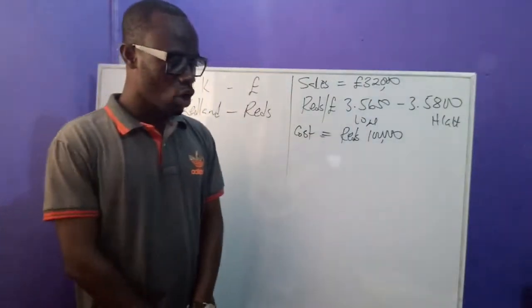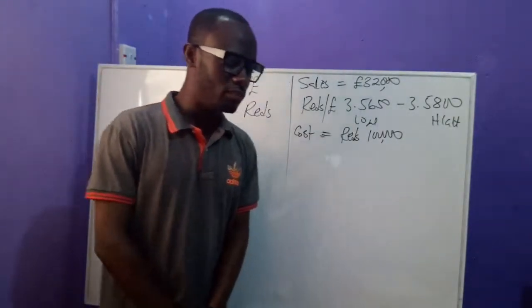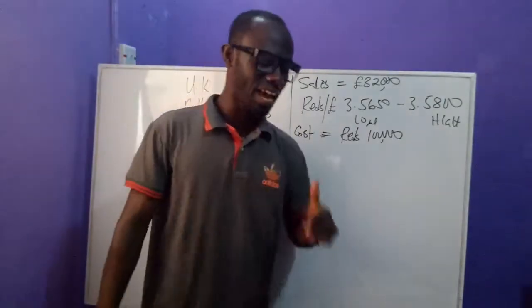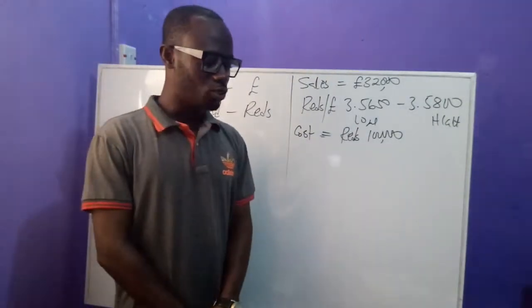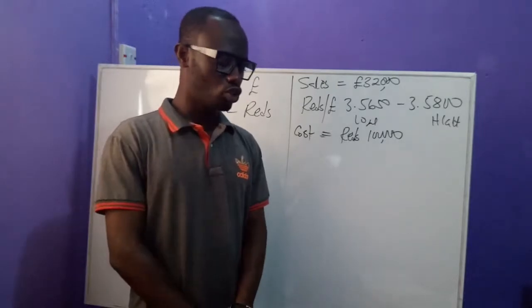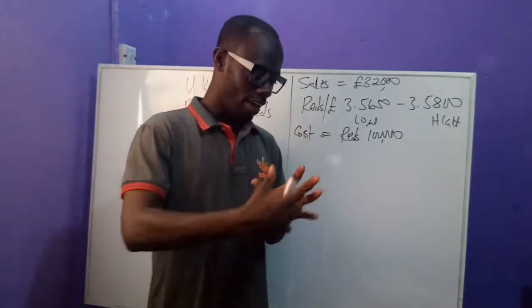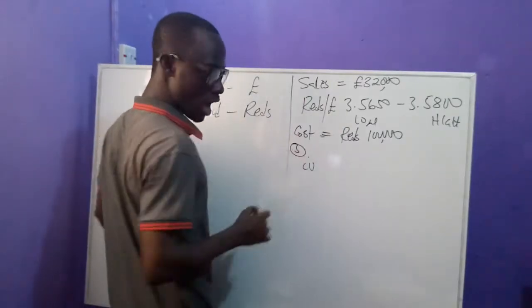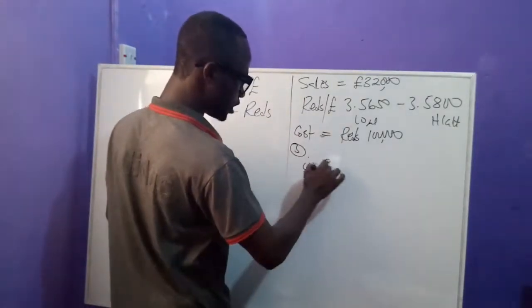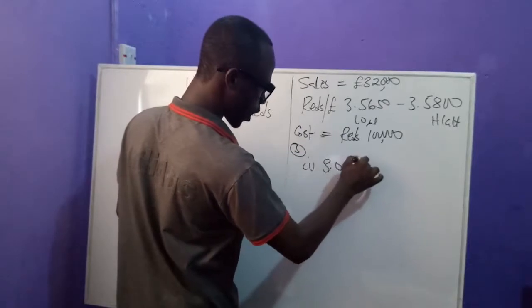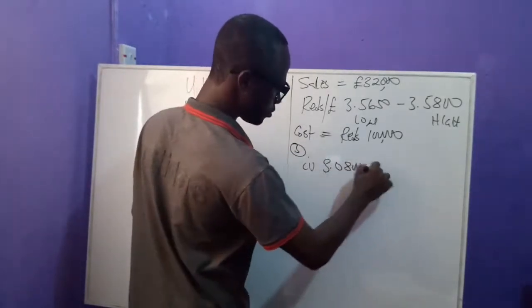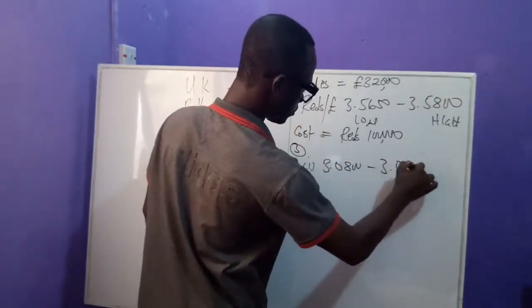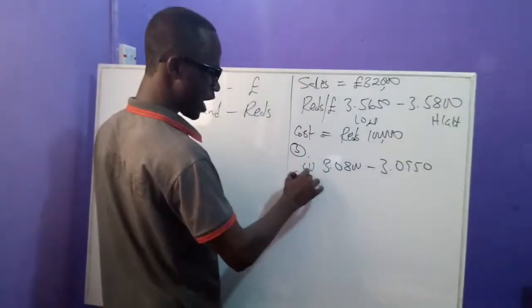The B says, what would the actual profit be if the spot rate at the time when the currency is received has moved to this? And they've given us, so B(i), what will happen when the exchange rate has moved to this, or B(ii).